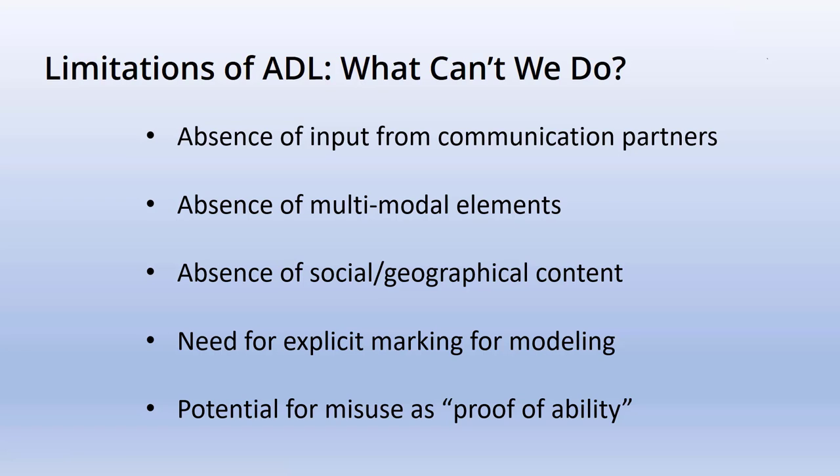Because if you see an absence of a lot of communication, that doesn't necessarily mean your client isn't a candidate for AAC. It just means that there's a limit on the data. So you've got to be real careful about the data and the analysis. And hopefully over the next 50 minutes, you're going to understand a little more about how we might be able to better interpret the data that we see.